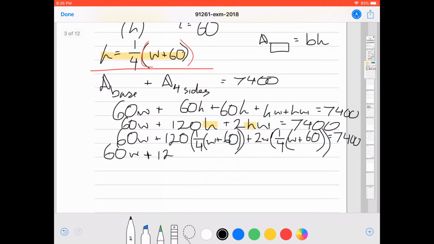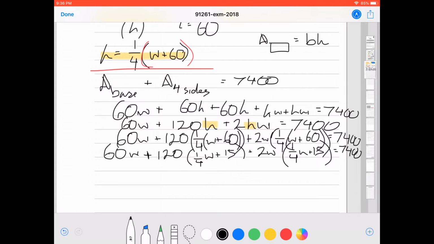So we've got 120 still on the outside, and that is multiplied by a quarter w plus 15. 60 over 4 is 15, plus 2w times a quarter w, and this is the same, a quarter w plus 15. So I've got a working in here, but that's alright. This still equals 7,400.